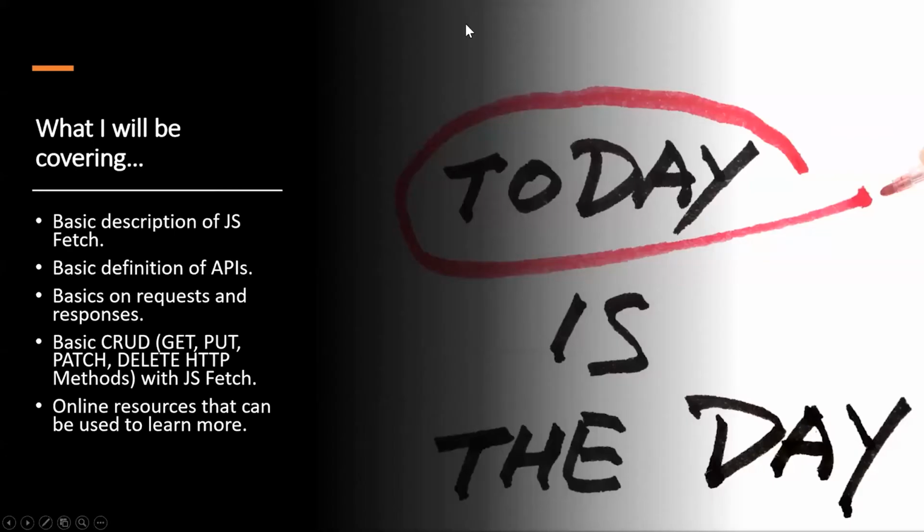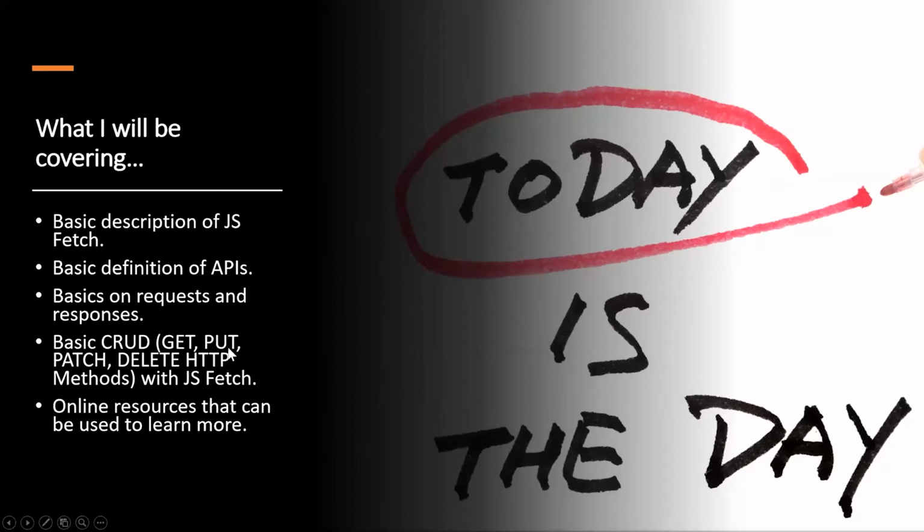Let's go on. So what I will be covering today: a basic description of what JavaScript Fetch is, a basic definition of what an API is, and basics on request and response, which is a very key idea not only within web development, but in JavaScript Fetch. Then basic CRUD operations, as I said before.